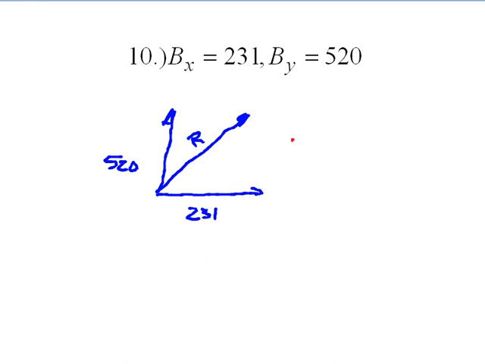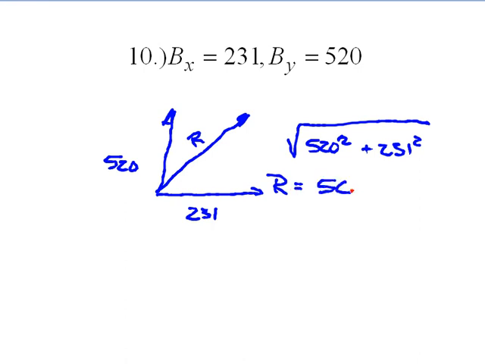We can use the Pythagorean theorem. 520 squared plus 231 squared, and that should give us R equal to 569.